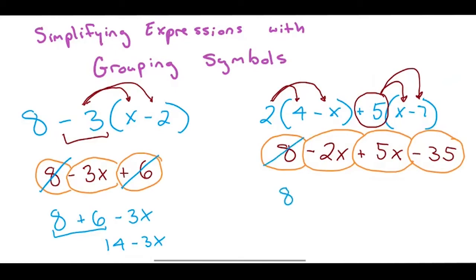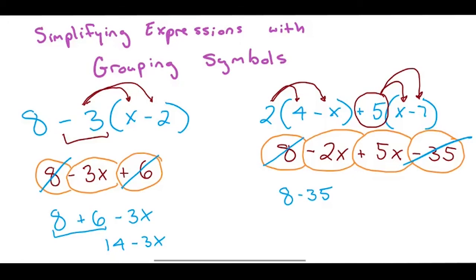I used it. And the other term that is like the 8 in here is the -35. Okay, so I'll cross off the -35. Let's see if there are any other numbers that are like the 8 and the -35. It does not look like there are any other terms like the 8 or the -35.